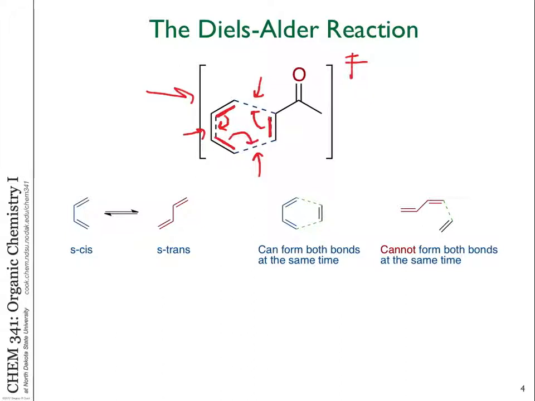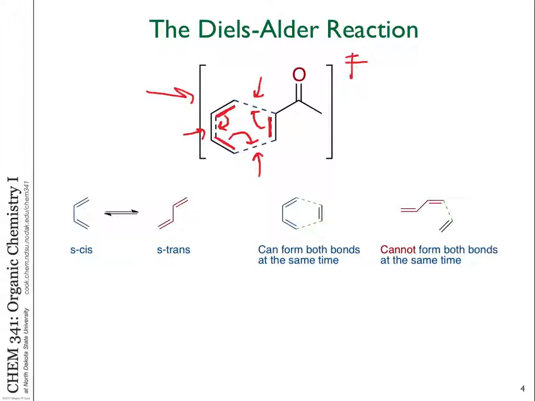So what's very important for this reaction to take place is that the diene, or the conjugated double bond, has to be in a very specific geometry. Only if it's in what we refer to as an S-cis conformation, where the single bond rotation between them is such that both double bonds are pointing in the same direction, only then can we have all the bonds being formed at once.